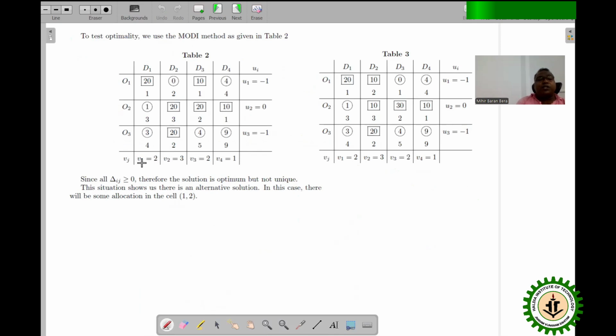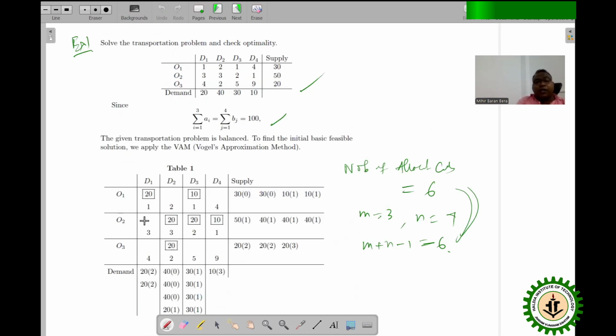You have already seen that in this particular problem, this row contains 2 allocations, this row contains 1, this column 1, this column 2, this column 2, this column 1, but this row contains 3 allocations.